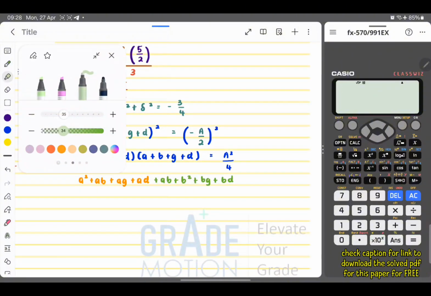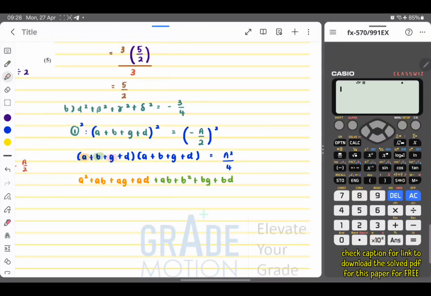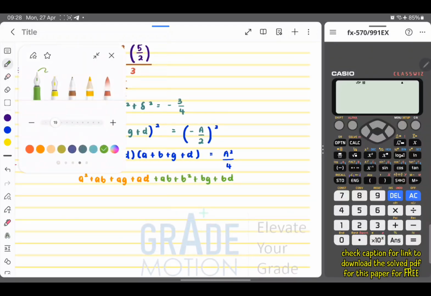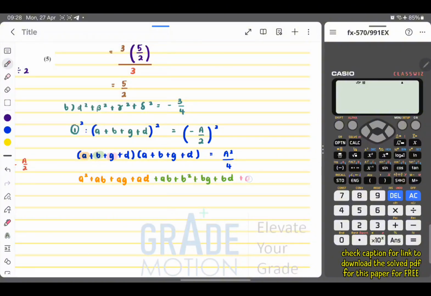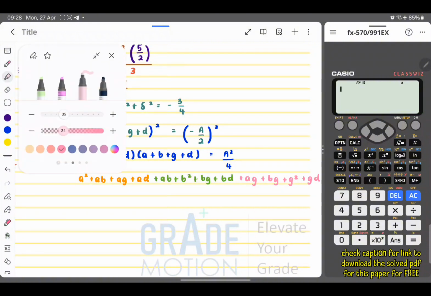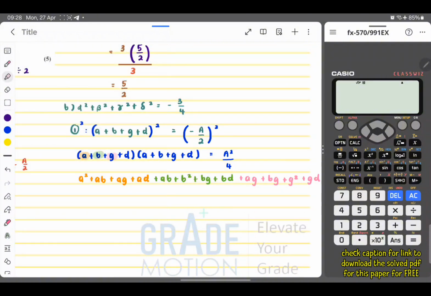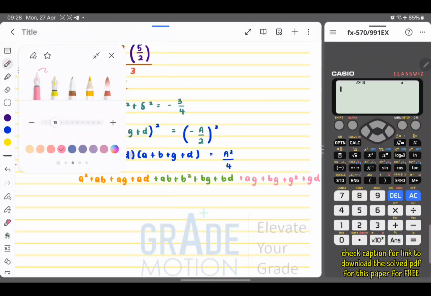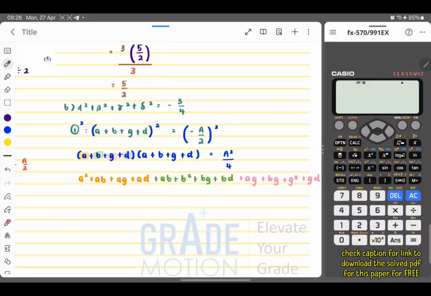Next, let's consider expansion for G. That would be plus AG plus BG plus G squared plus GD. Last one, let's consider expansion of D. So we will get plus AD plus BD plus GD plus D squared.